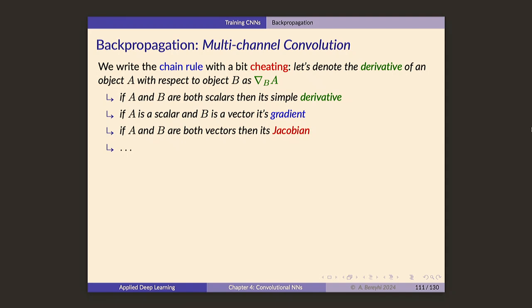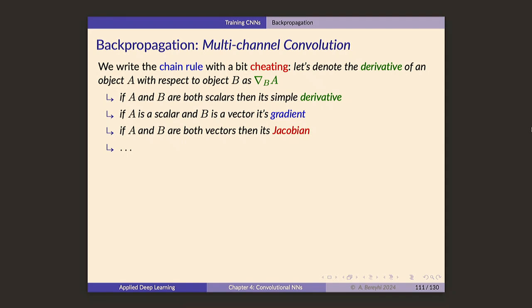So whenever I say I am computing the gradient of A with respect to B, it means that this is a guy which includes all partial derivatives of every single entry inside A with respect to every single entry inside B. So this A and B could be different things.